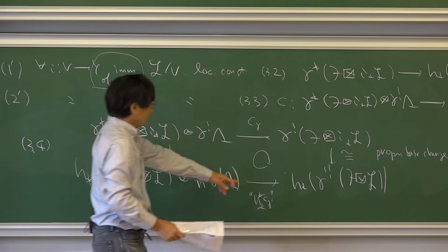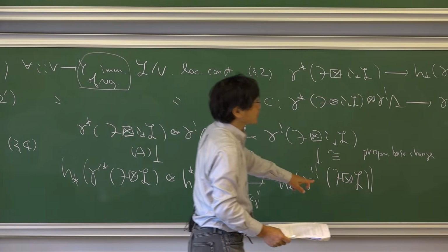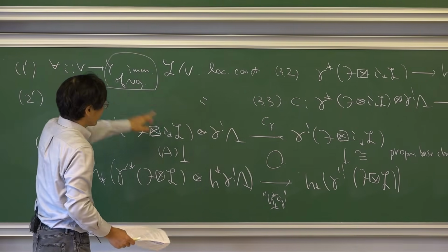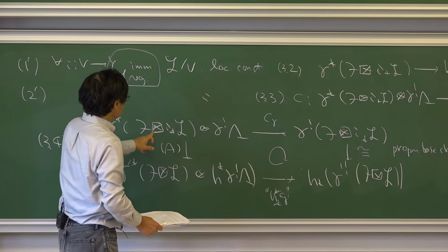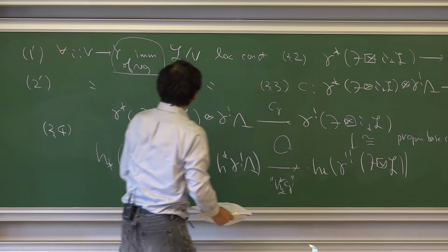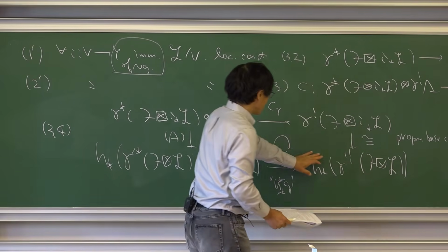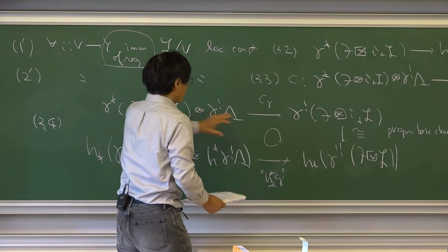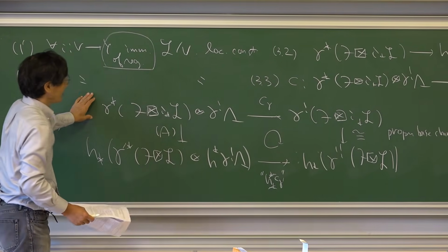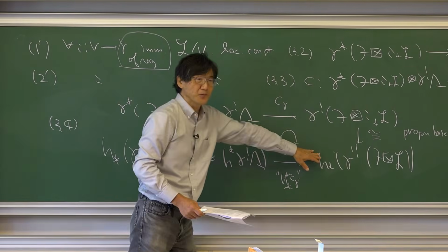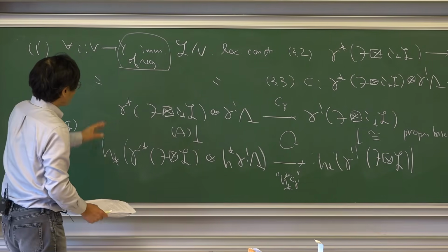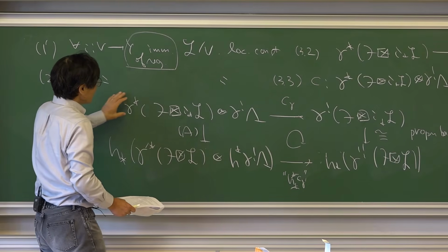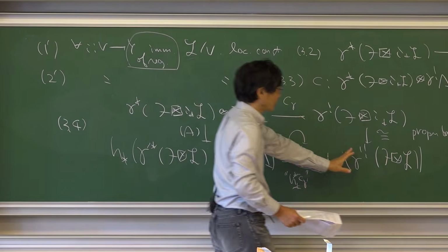But this H is the base change of I. So if our I is an immersion, then H is also an immersion. So if this is an isomorphism, then by taking the adjoint, I can move this H lower star to H upper star here, and still we get an isomorphism. So I said H upper star of this is isomorphic to that one.